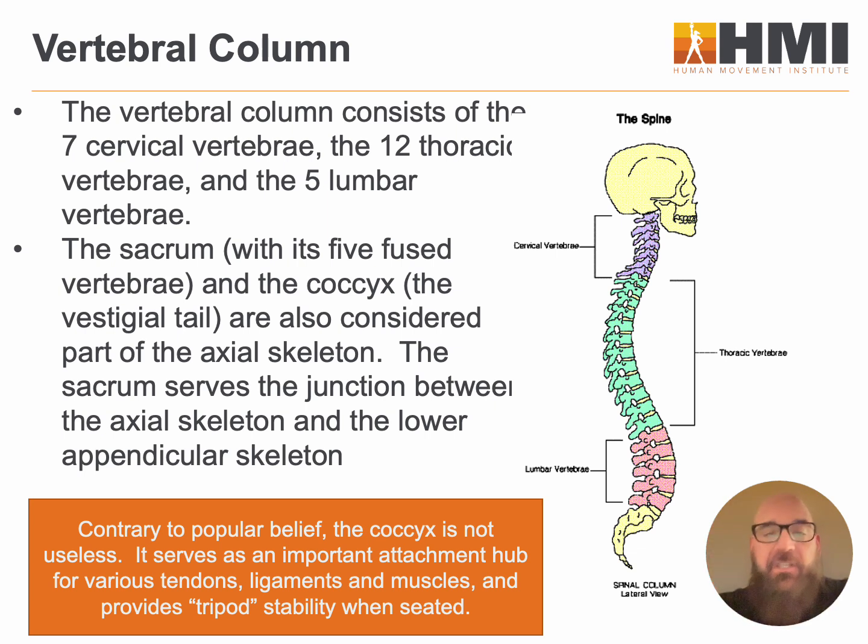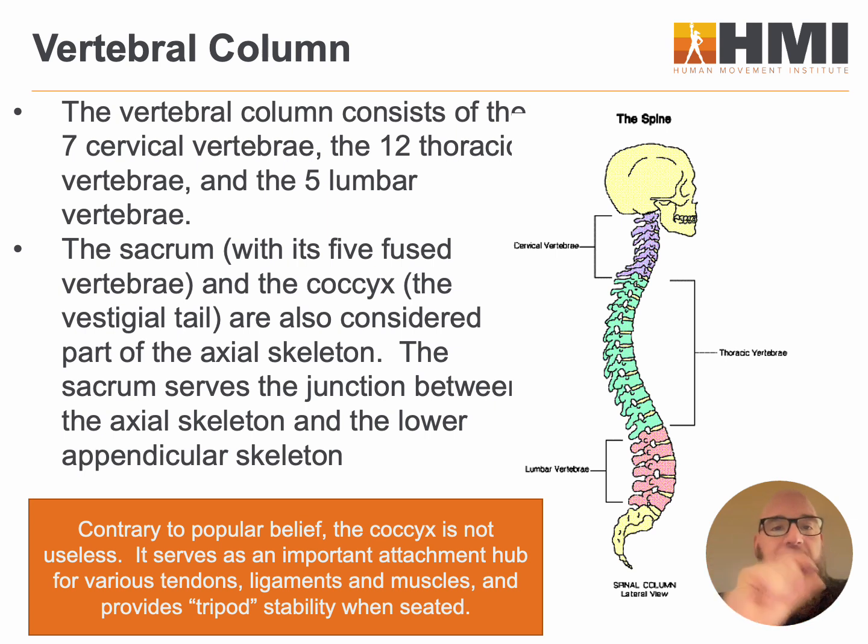The next piece of this we have to understand is the discs. So the yellow-white material in between each of the vertebrae, the bones, are the discs. Now, we have to identify that too. First and foremost, we go from the top down.